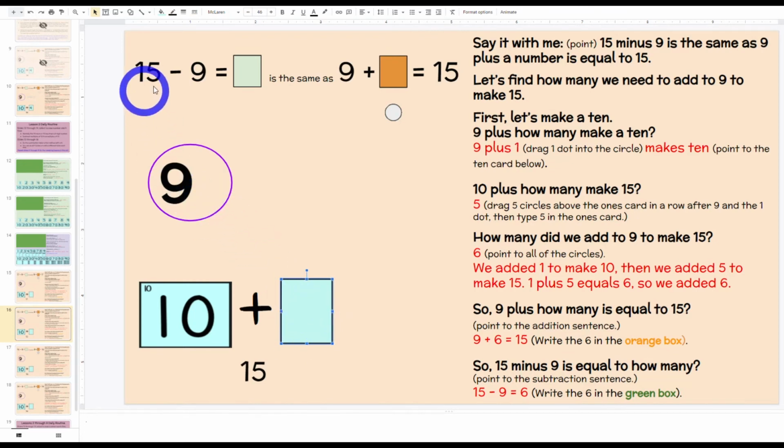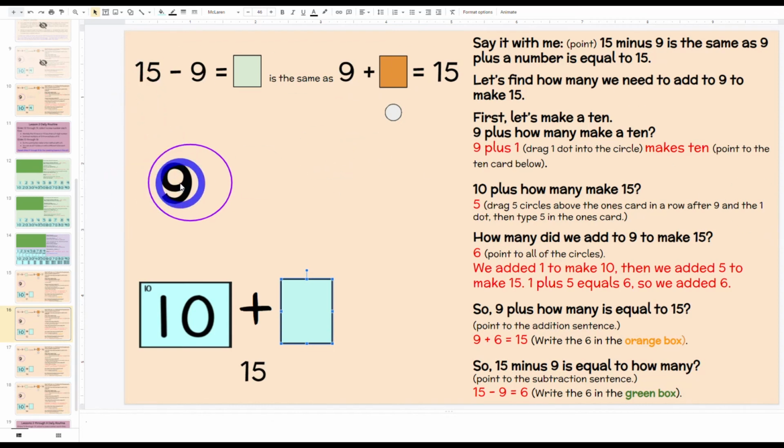So notice that this number is not filled in. So 15 minus 9 equals unknown is the same as 9 plus unknown equals 15. If students need it, you can always put it on a math mountain. We know that 15 is here, we know that 9 is here, and this is our unknown. So we can say 15 minus 9 equals unknown, or we could say 9 plus unknown equals 15.